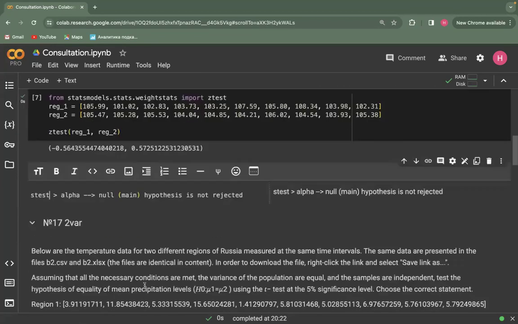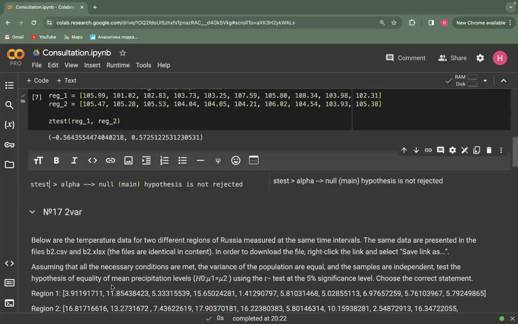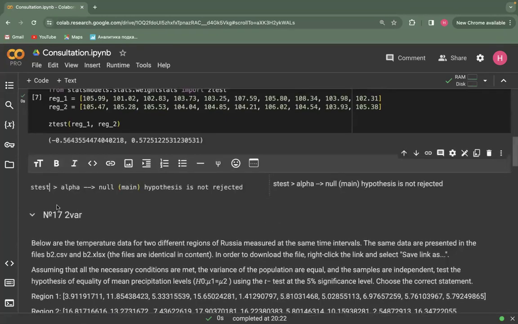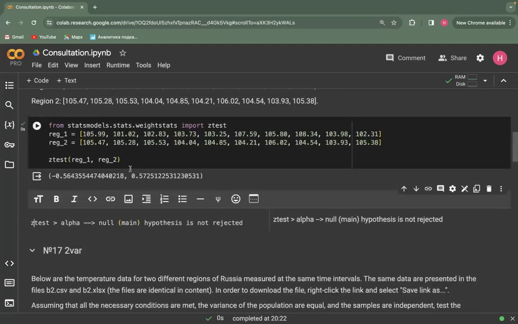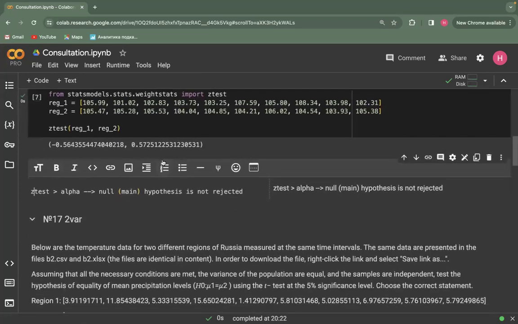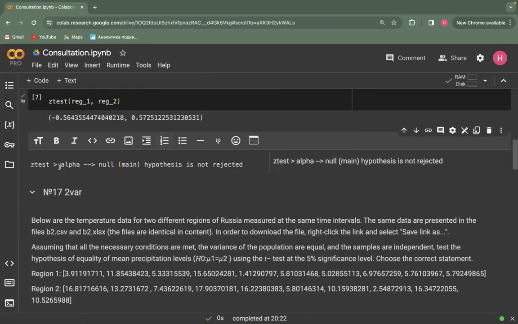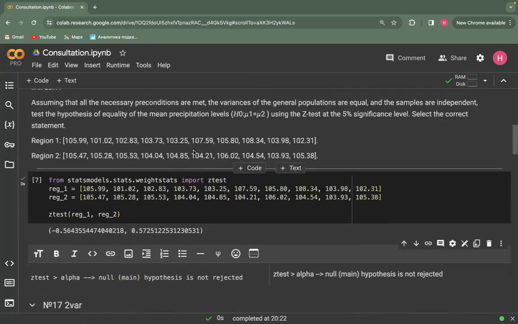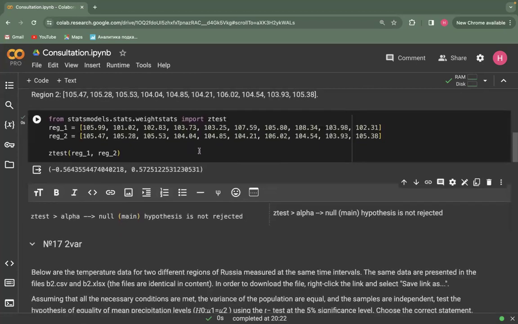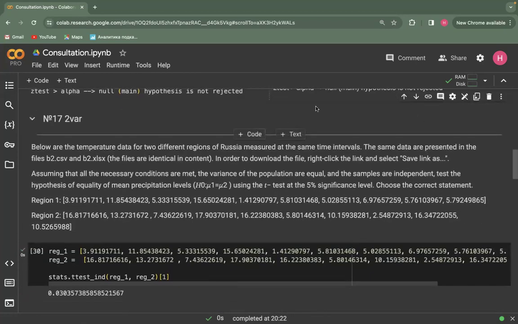I'm sorry, because I just copied it from here, not to write it again. Yes, it is Z test, because we have this value. But in both tasks, we have to compare it with the alpha value. Yes, thank you for this.